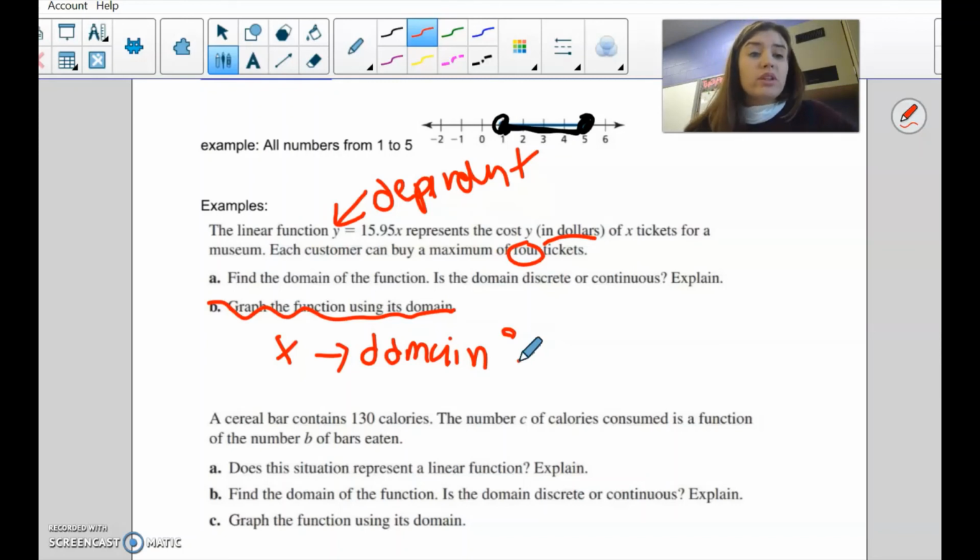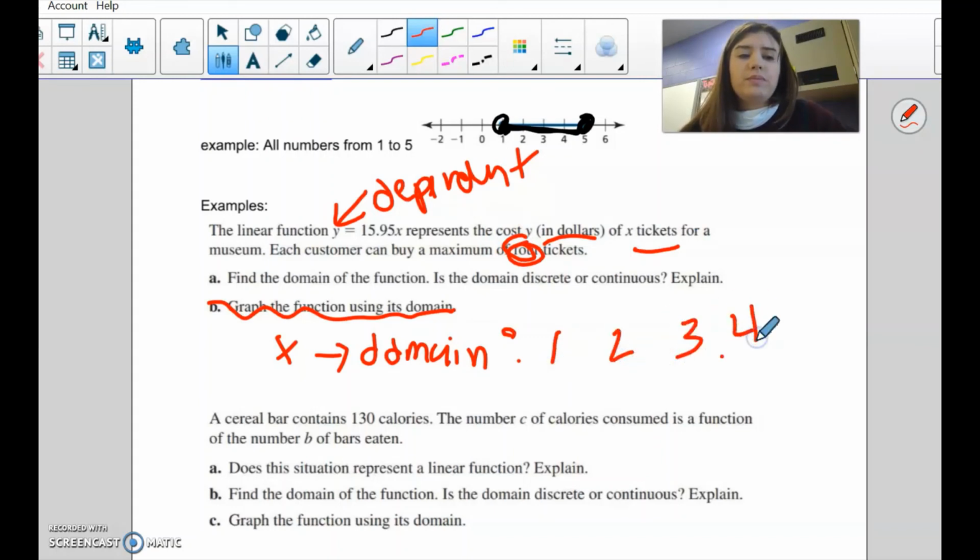We just have to read between the lines. So it tells us x tickets for a museum. So tickets is what we're talking about. And each customer can buy a maximum of 4 tickets. So that means they can buy 1, 2, 3, or 4 tickets.